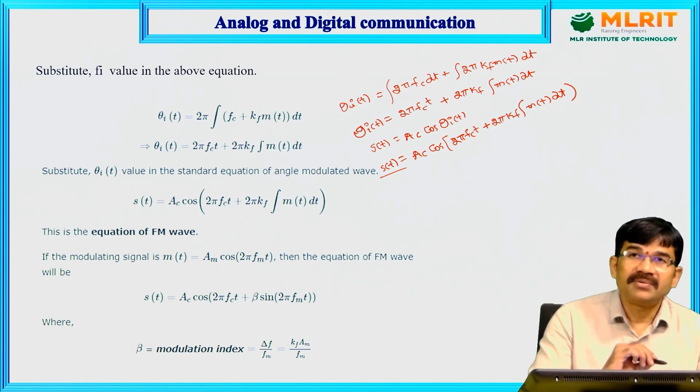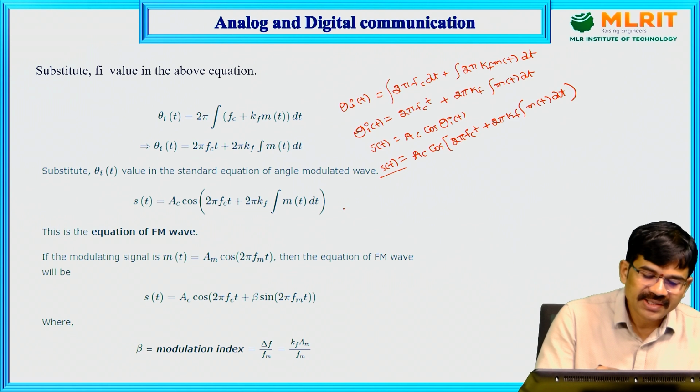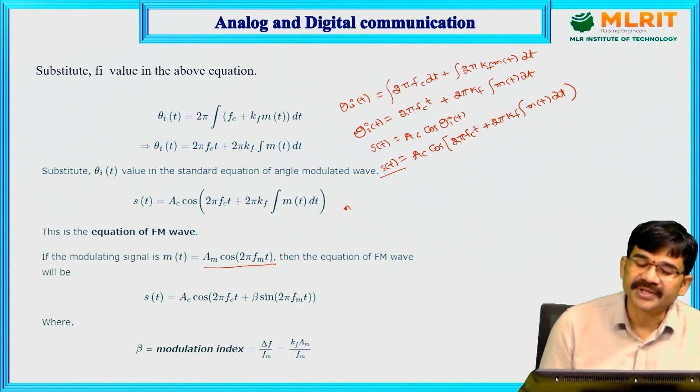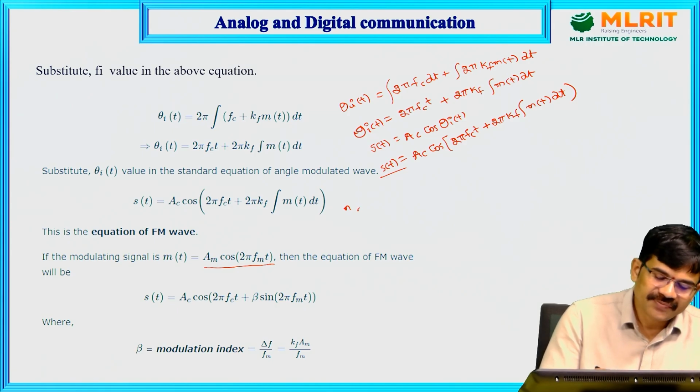But in FM, what is the modulating signal? The modulating signal m of t is Am cos 2 pi fm t.